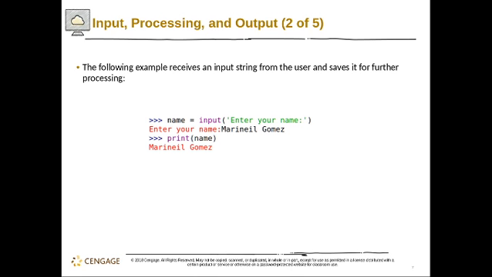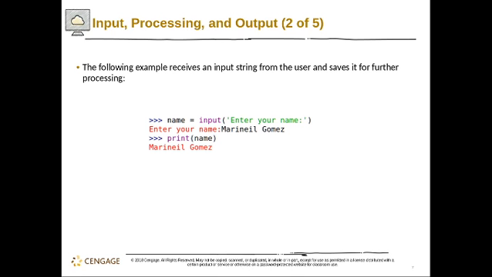I want to input a name into a variable called name, the variable which will contain the information you input. By the way, input is another reserved word, a command. It prompts you to type in a value. For example, input, enter your name, and the prompt enter your name will be shown.